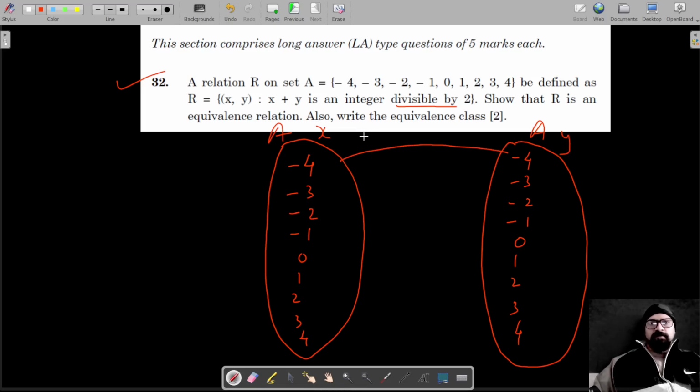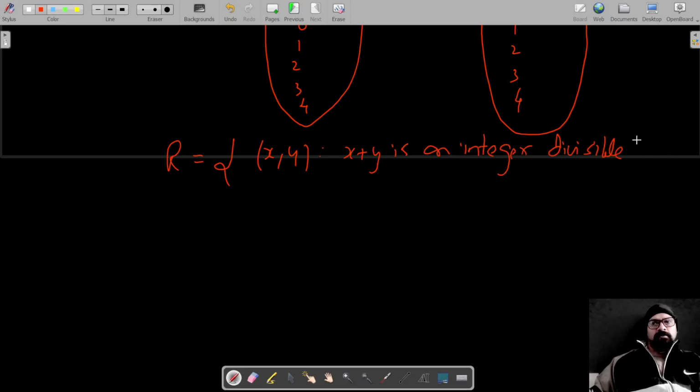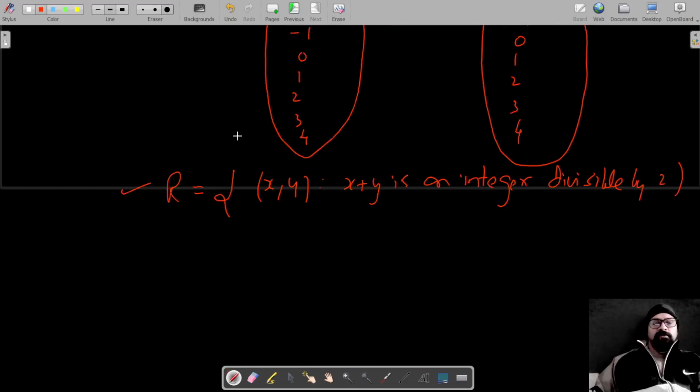And the relation is defined as this. So our relation is an ordered pair x, y, where x belongs to A and y belongs to A such that x plus y is an integer divisible by 2. Now we have to check whether it's an equivalence relation or not.